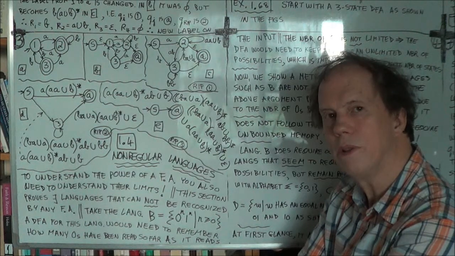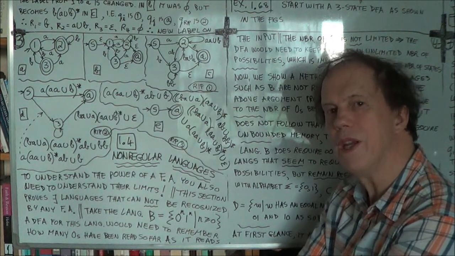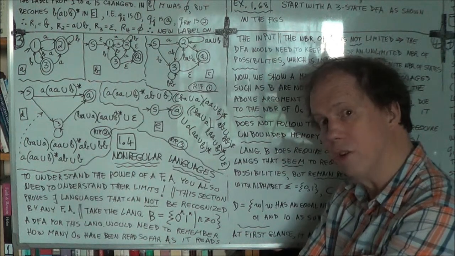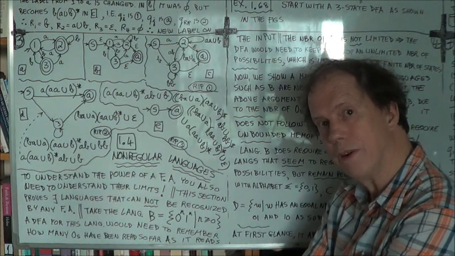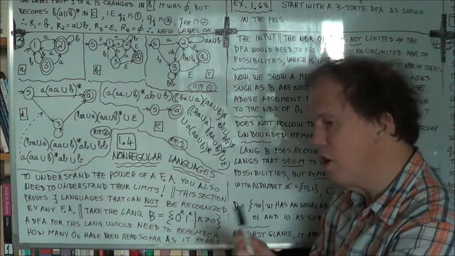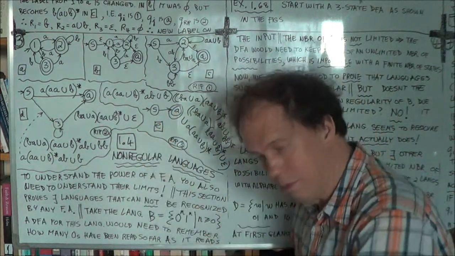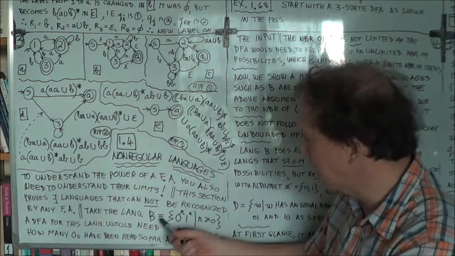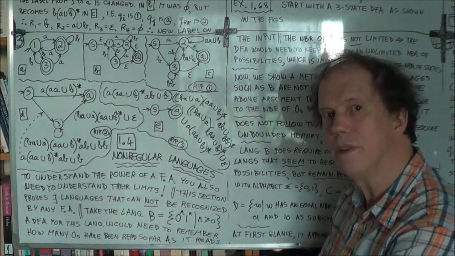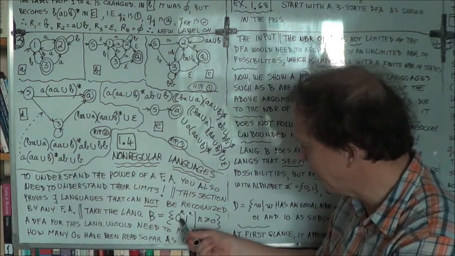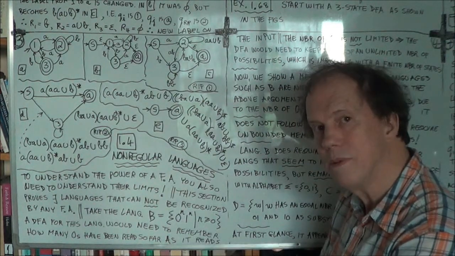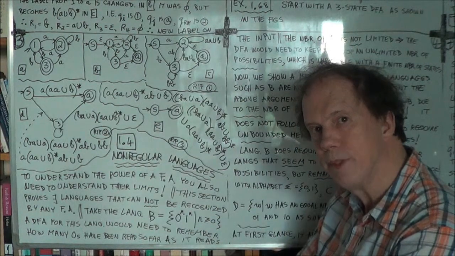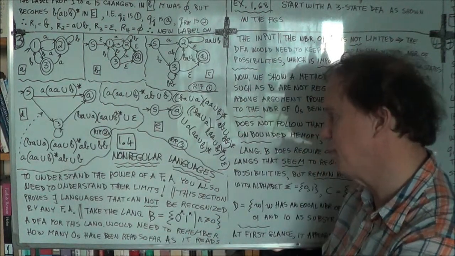Therefore, the amount of memory that you need in that finite automaton is not finite, it becomes infinite. Therefore, there is no finite automaton that can recognize this language, because this language demands infinite memory to count the number of zeros, because n can go to infinity. Does that sound plausible?